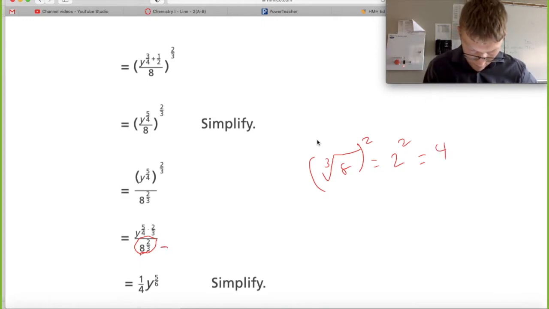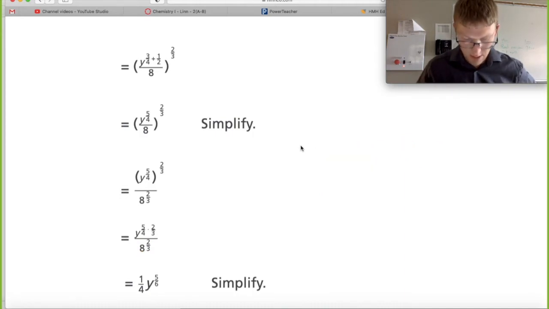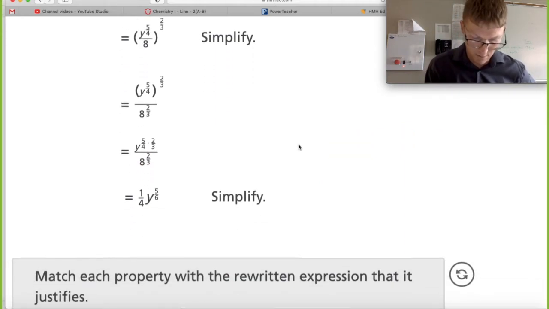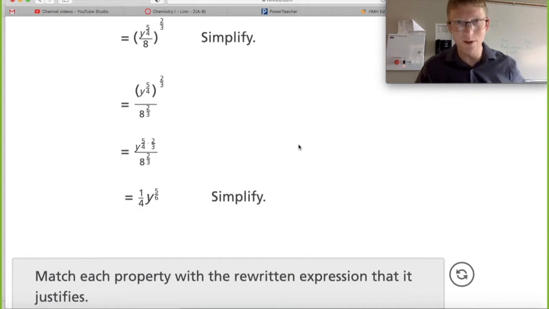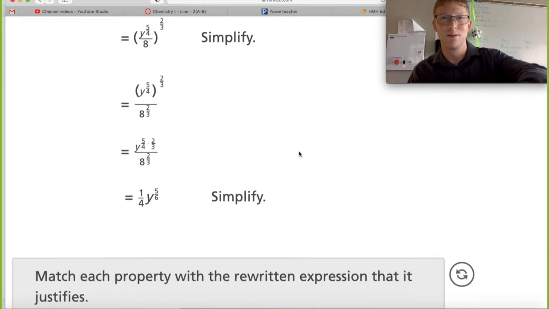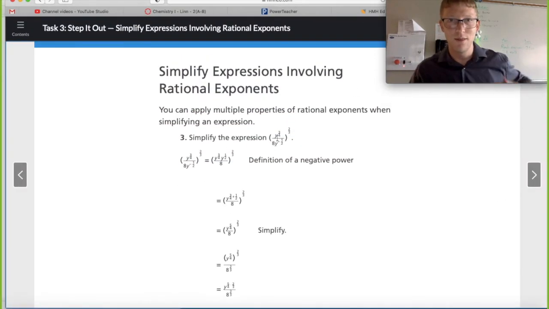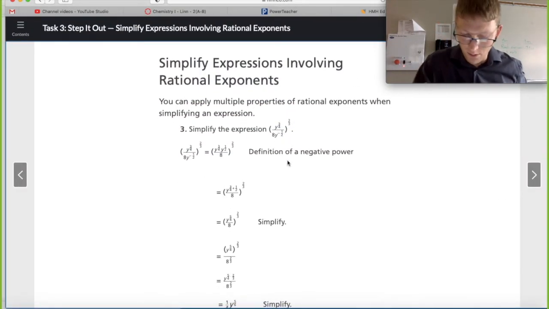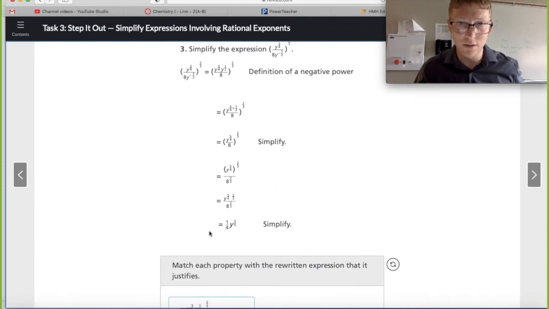So that equals 4, which is where they got this fraction. So this is one of the parts where I love math. We took this horrible, horrible looking mess, and really that entire thing is just this little guy. That's all it is. Right? Too easy.